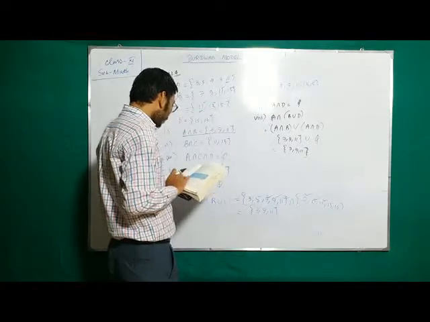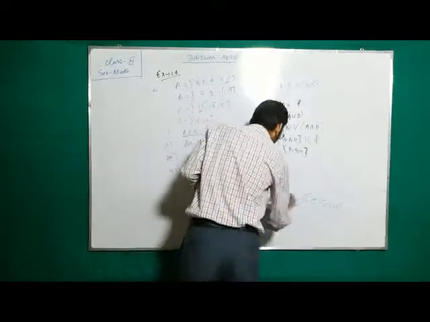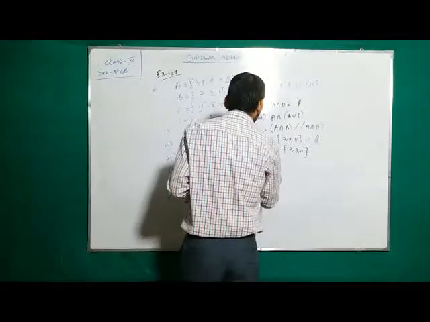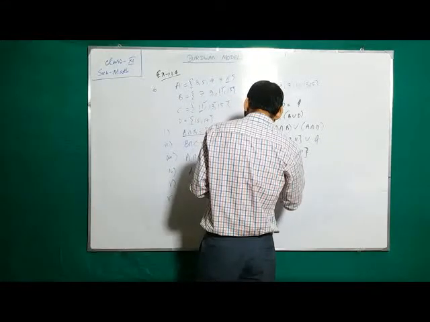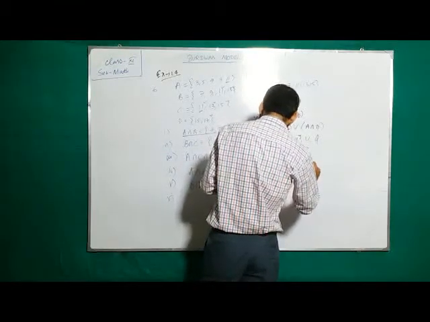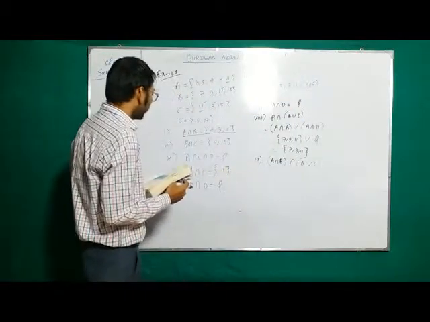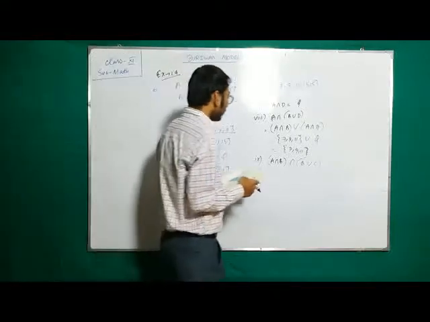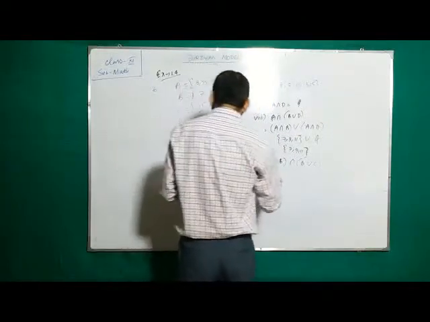Now move on to question number 9. A intersection B, intersection with B union C. A intersection B means 7, 9 and 11.